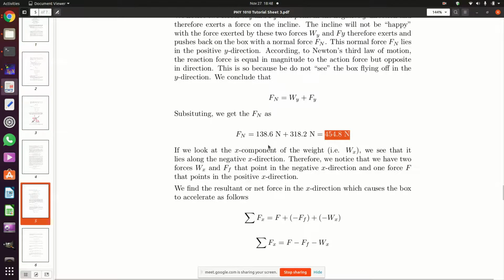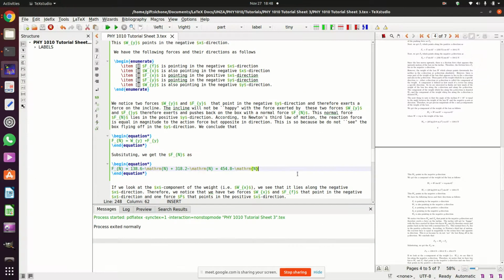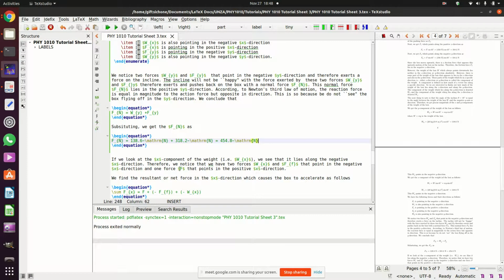So our interest now, here, if we look at the x component of the weight, we already have that. If we look at the x component of the weight, we see that it lies along the negative x direction. Yes, we know that. Therefore, we notice that there are two forces, Wx and Ff, that point in the negative x direction, and one force pointing in the positive x direction is now, where is that?